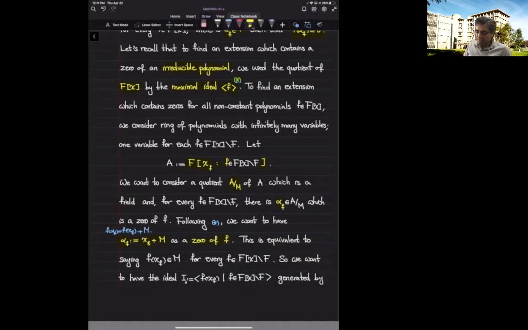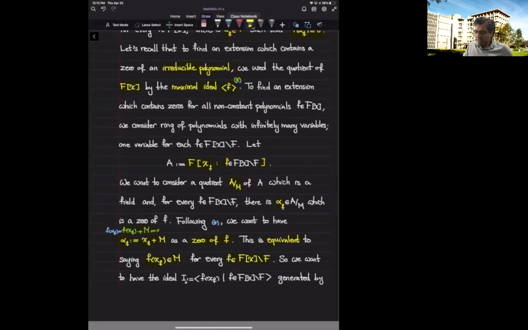So saying that this is supposed to be a zero of f is equivalent to saying that f of x sub f belongs to the maximal ideal M, which we don't know yet, because this is supposed to be zero. So that would imply that f of x sub f should belong to M for every non-constant polynomial f. So altogether, what do we end up getting?